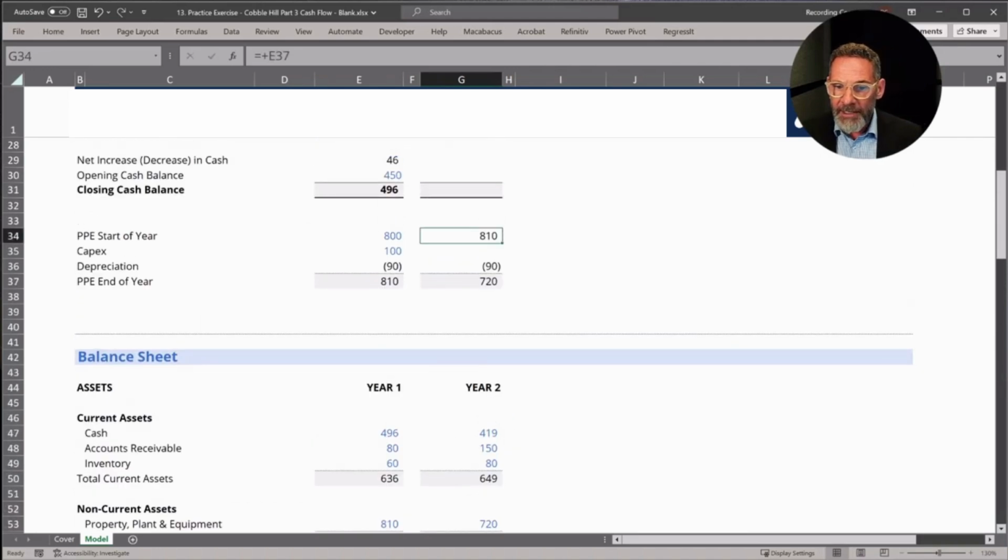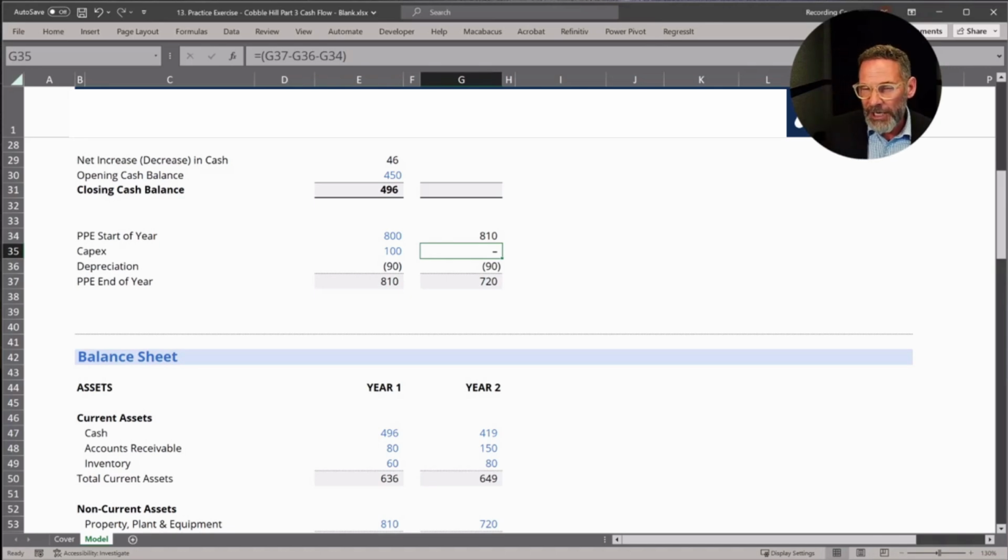Now all we need to do is solve for CapEx, because that's going to be the difference. The way we do that is equals the closing balance, add back the depreciation, minus the opening balance. And so what this tells us is there was no new spend on property, plant, and equipment in the year.